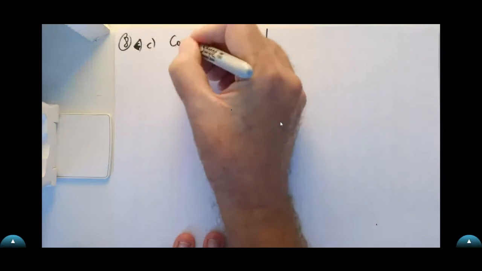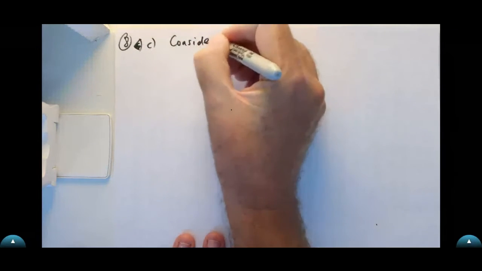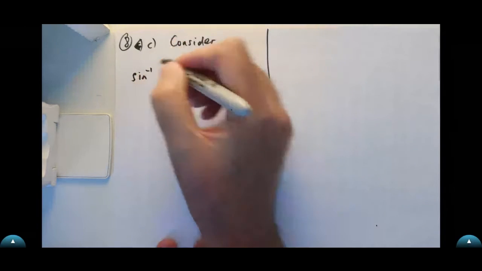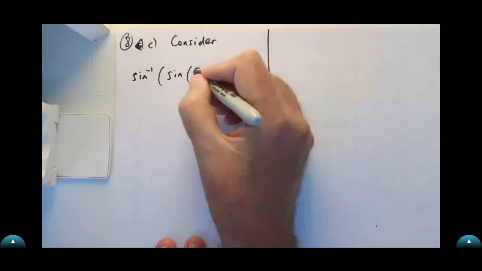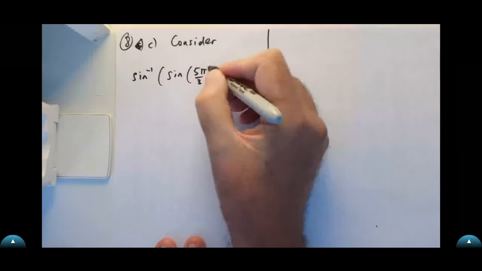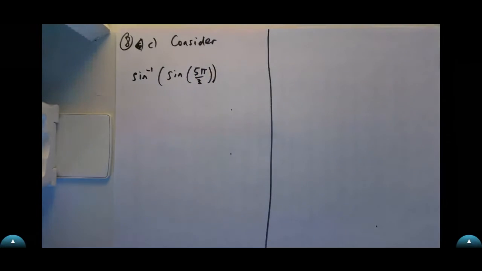Okay, so this is 8 part C. So consider, please, sine inverse of sine of 5 pi on 3.